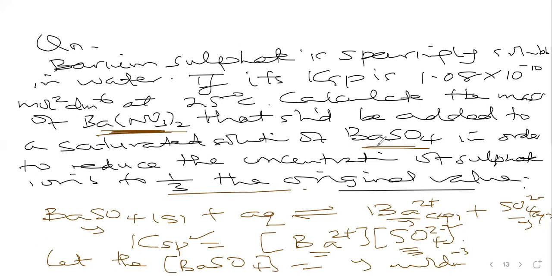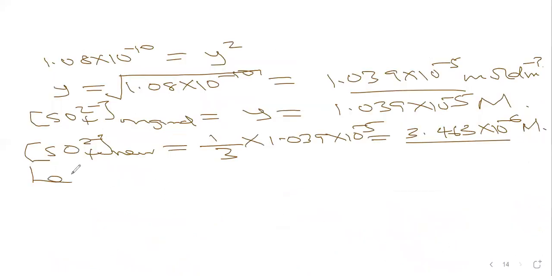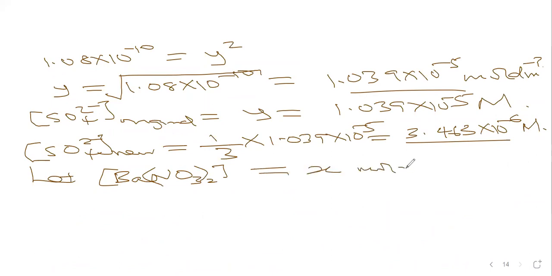And we do the same thing for common ion effect. So we shall say, let the molar concentration of barium nitrate equal X moles per liter. That's what it should be, X moles per liter. So what shall we have?